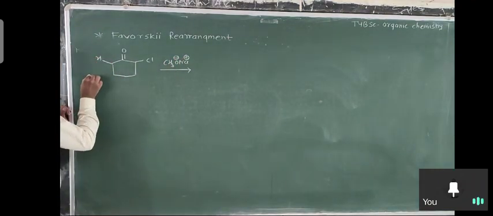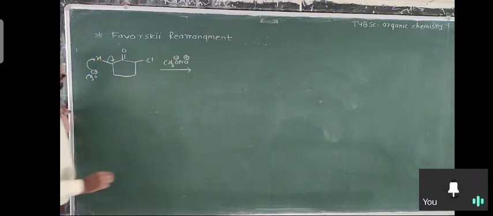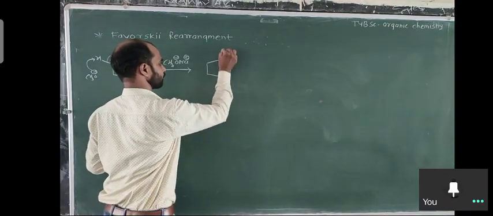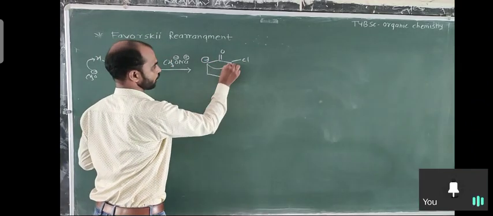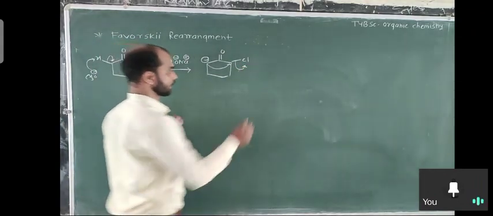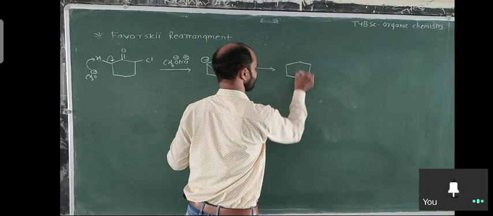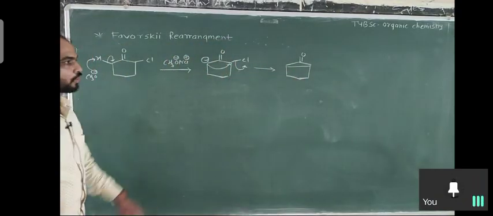CH3O minus, the alkoxide, the methoxide, abstracts the proton, formation of carbanion, the carbanion will attack another alpha position and loss of Cl minus. When Cl minus is lost, there is a formation of the cyclopropanone ring.